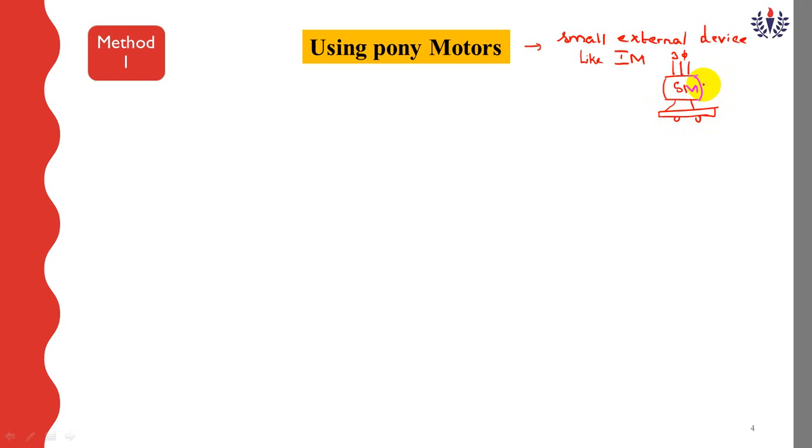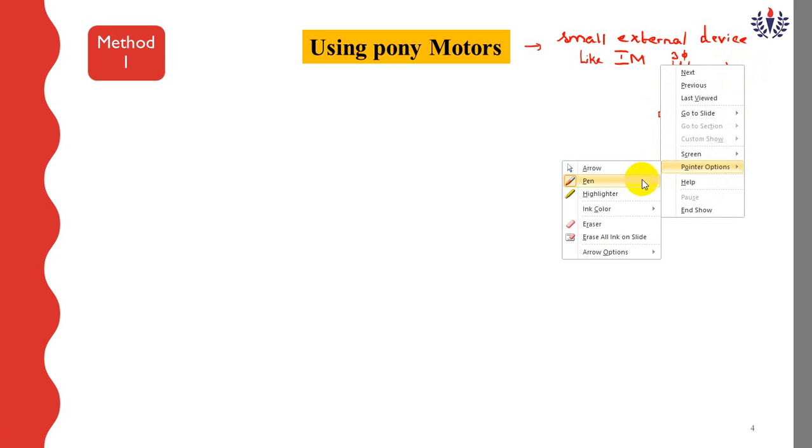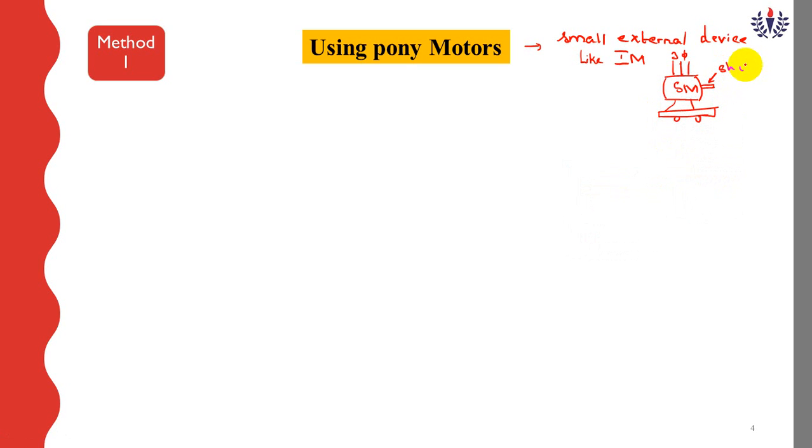Now this is the shaft. External device means I have to take a small motor.